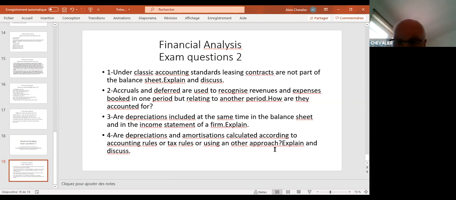Of course, if you calculate, for example, several ratios on the balance sheet, they are completely modified. But probably they are closer to the real level.